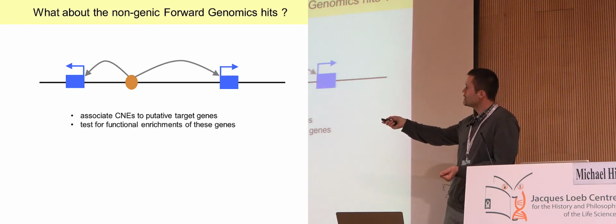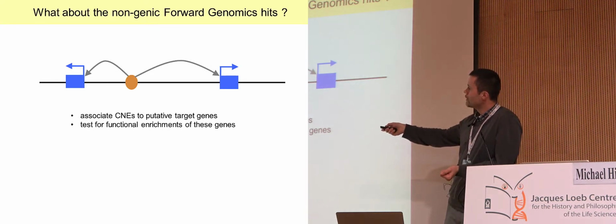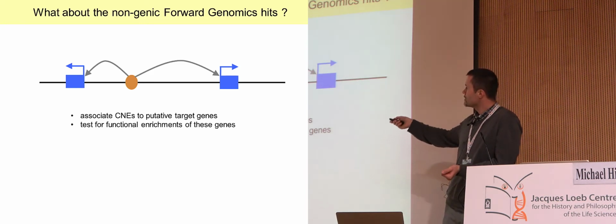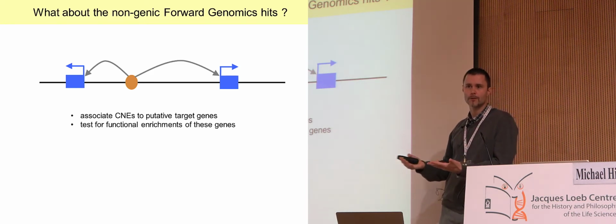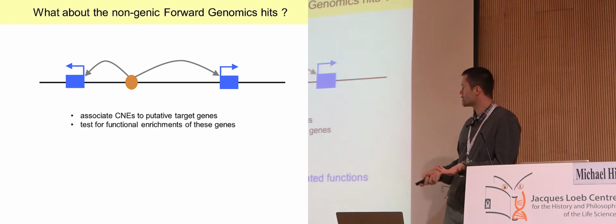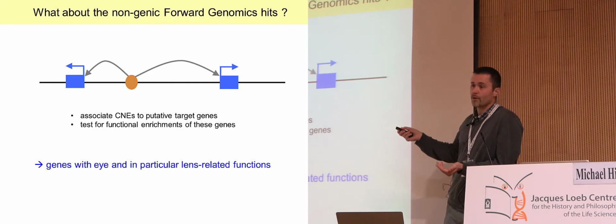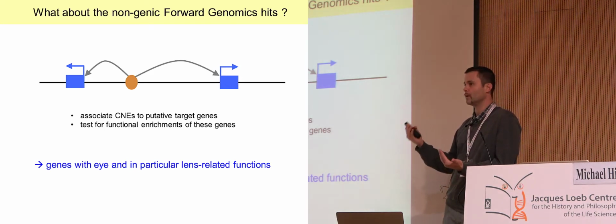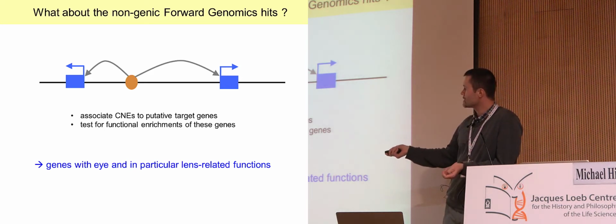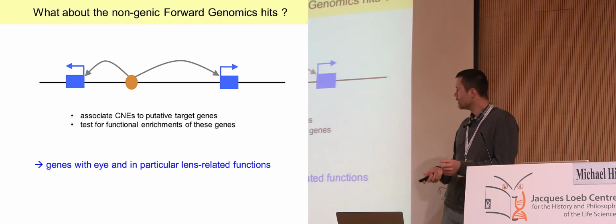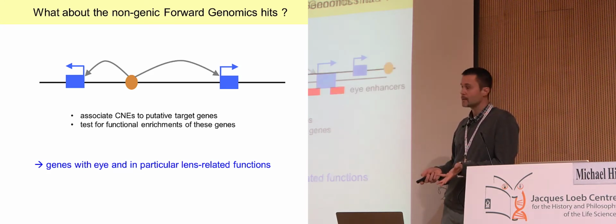So we can associate each of these elements with potential target genes and then ask if these associated genes are enriched in certain molecular functions. And we found that these diverged CNEs tend to be located in the vicinity of genes that have eye, and in particular lens-related, functions. But this is kind of indirect evidence.